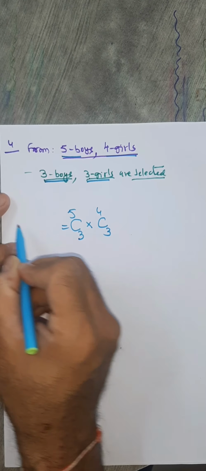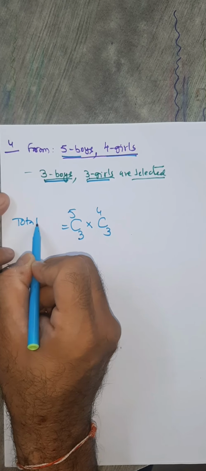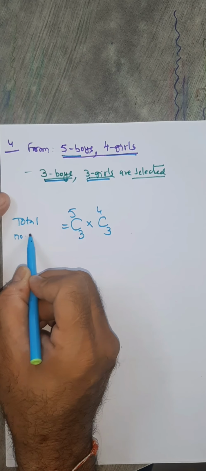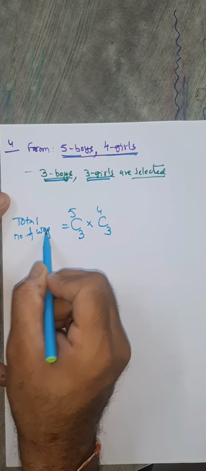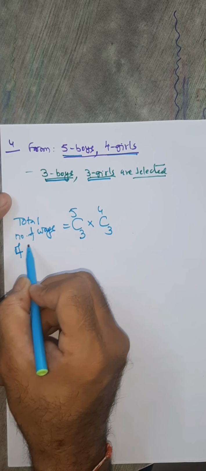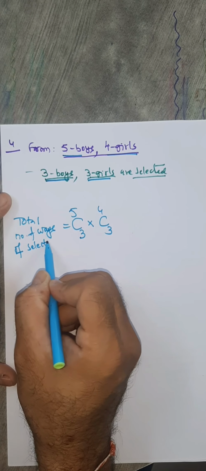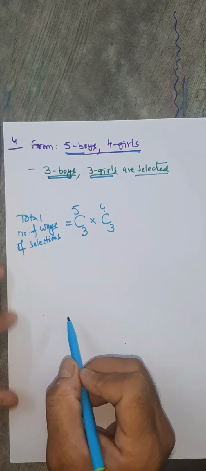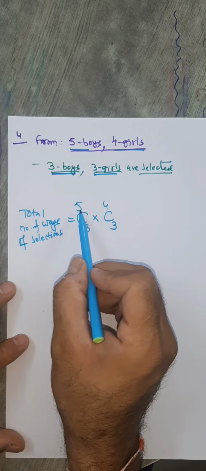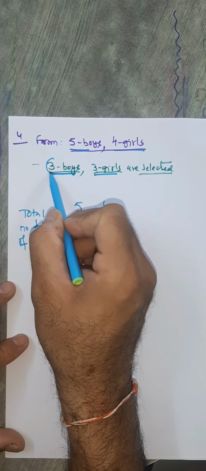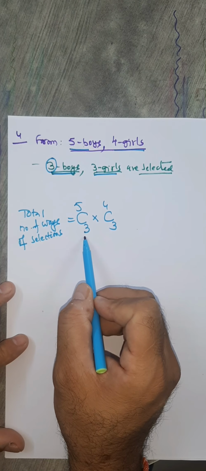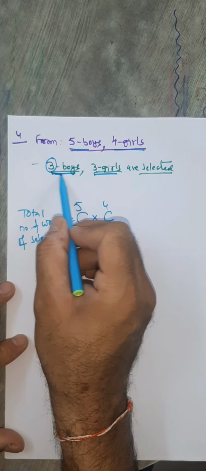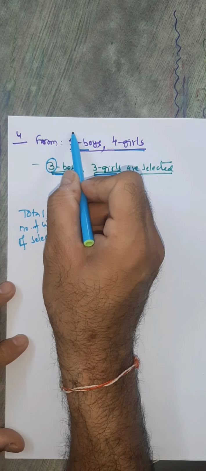So this gives us the total number of ways of selections. Out of 5 boys, 3 are selected, so that can be done in 5C3 ways. You are selecting 3 boys out of how many? 5.